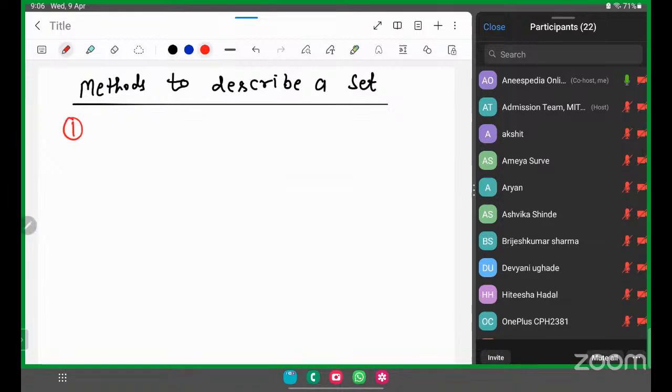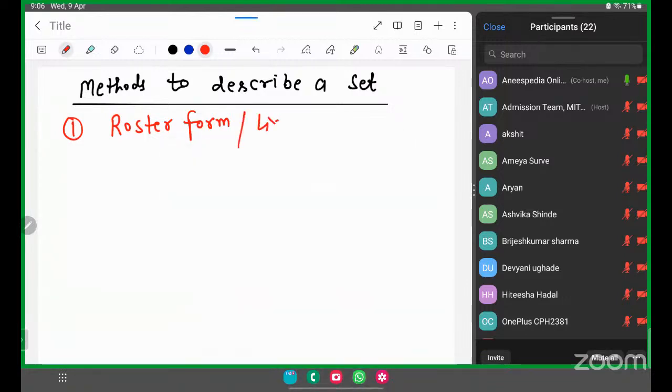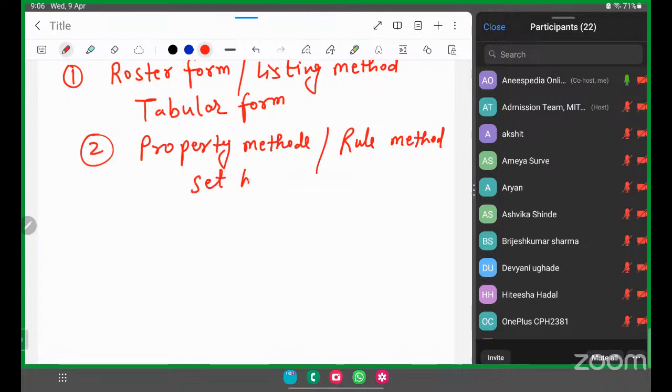First one is roster form, also known as listing method or tabular form. Second one is property method, or rule method, or set builder form.